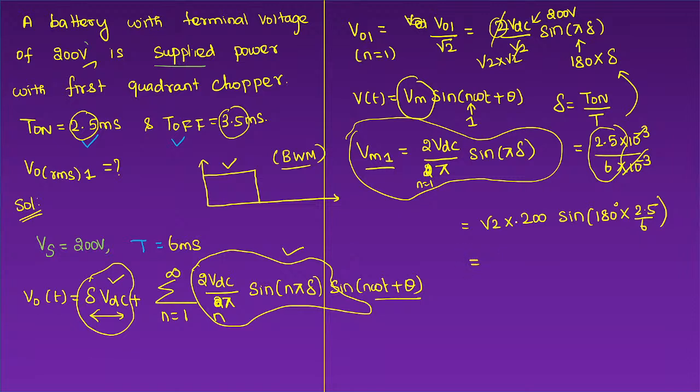Now, what can be the resultant expression? Root 2 can be written as 1.414. If I multiply it by 2, that can be written as 2.828. If I multiply it by 100, then it can be written as 282.8. So its equivalent value is 282.8 into sine of 180 degrees into 2.5 by 6.